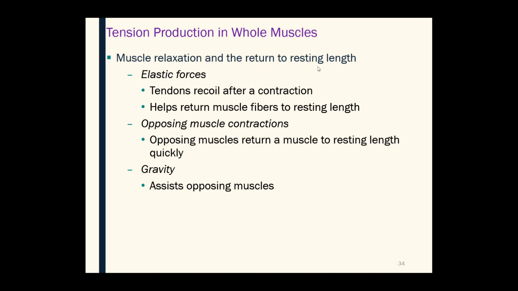So there are elastic forces, right? The tendons actually recoil after the contraction, and that helps to pull the muscle belly back to its original shape, length, I apologize, back to its original resting length.